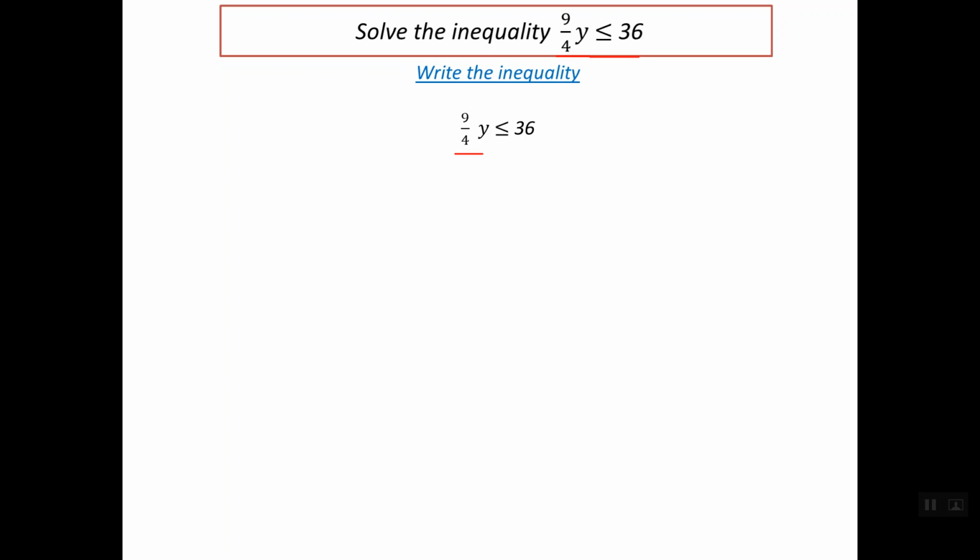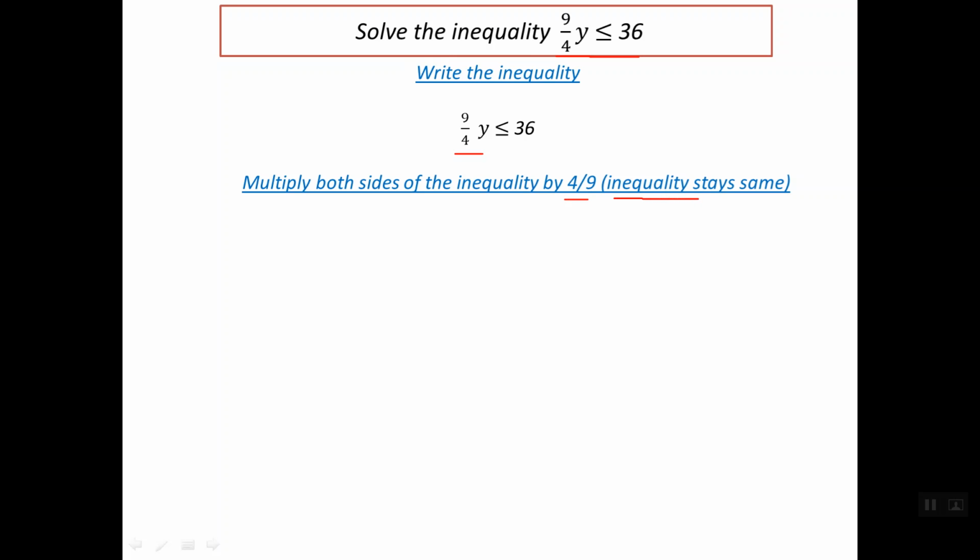Simply we can convert this coefficient to become 1 by multiplying it by the reciprocal, which is 4 divided by 9. So now we can multiply both sides by 4 divided by 9, and see, because we multiply the inequality by a positive number, the inequality stays the same.